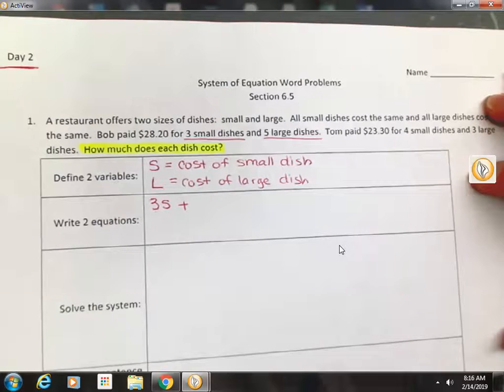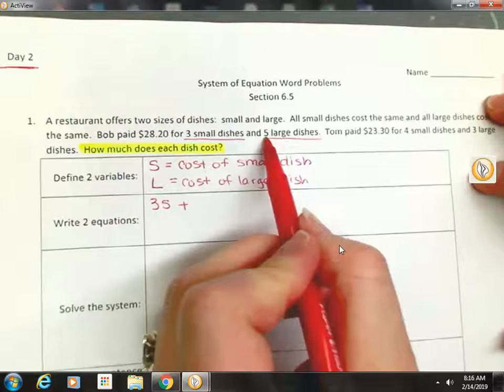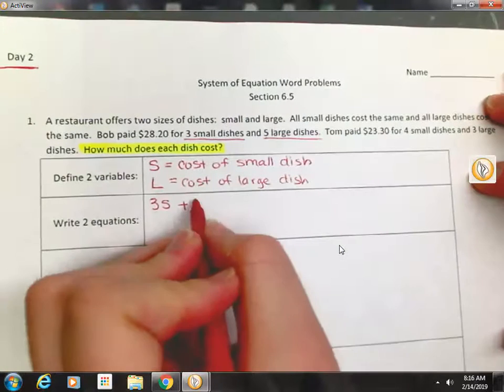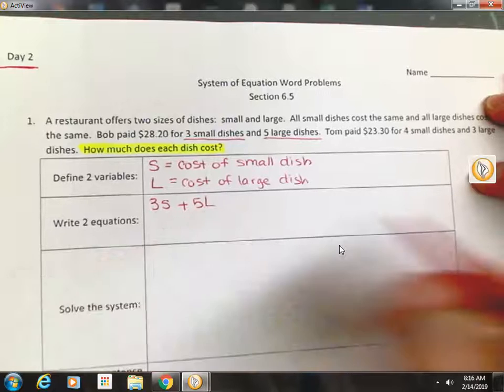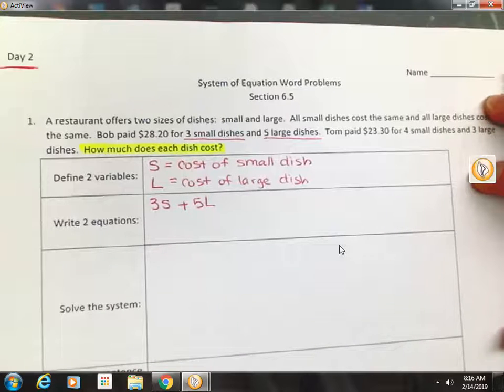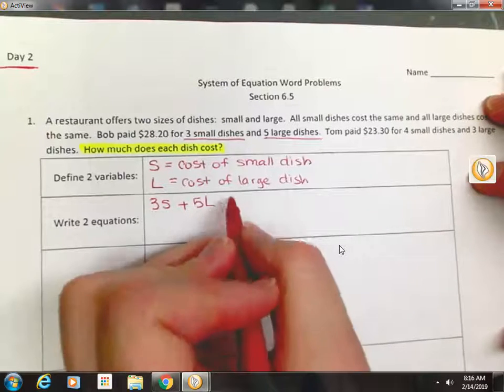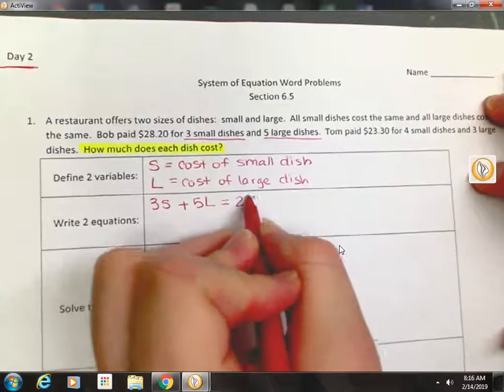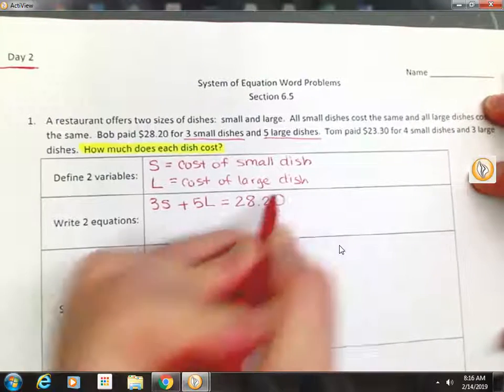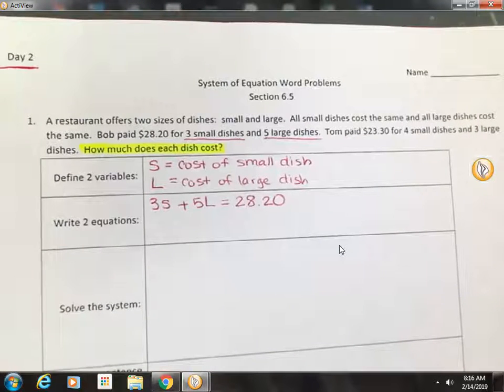Bob must have been hungry. So 5 times the cost, 5L. L is the cost of the large dishes, and there were 5 of them. His total cost was $28.20. When I hear a total of something, that makes me think equals something. So that's how I knew it was going to be on the other side of that equation.